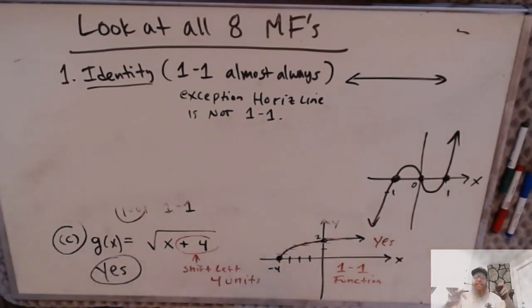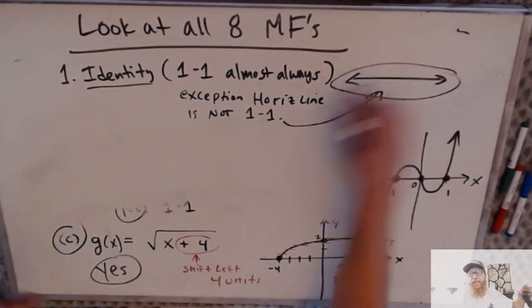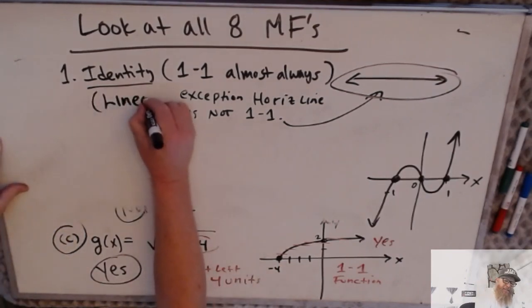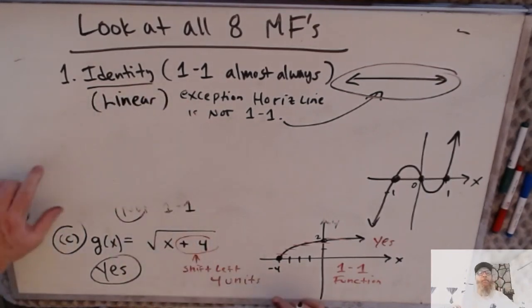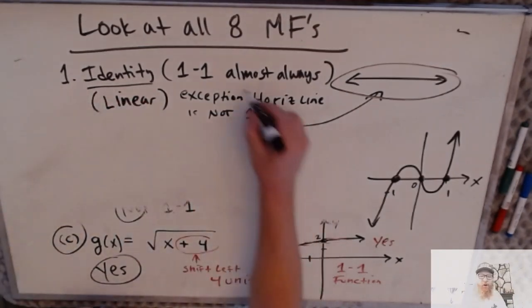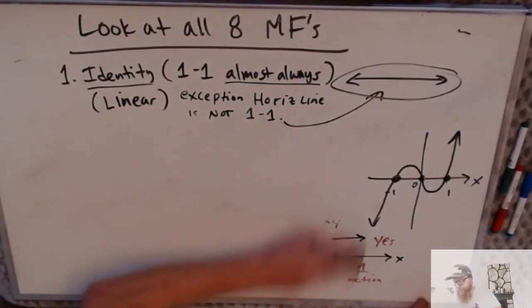So if you take the identity function and multiply it by 0, you give it a 0 slope, you end up with a horizontal line. Another name for the identity is the linear function. It's the only example of a linear function that is not one-to-one. So almost always the linear functions are one-to-one.